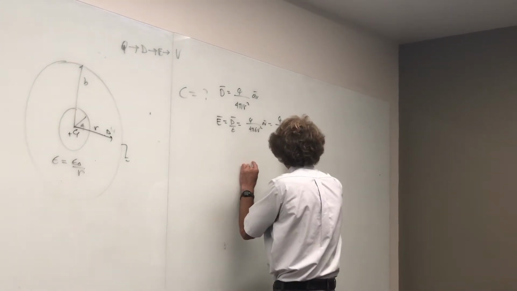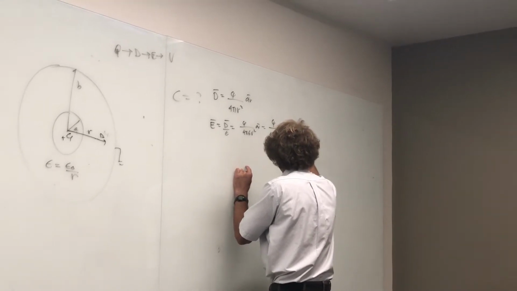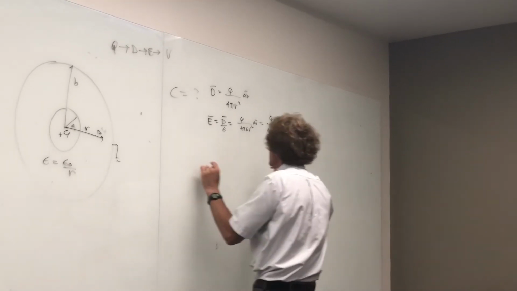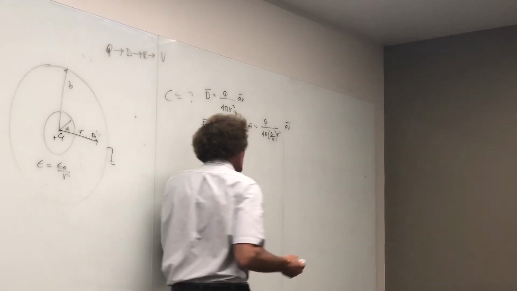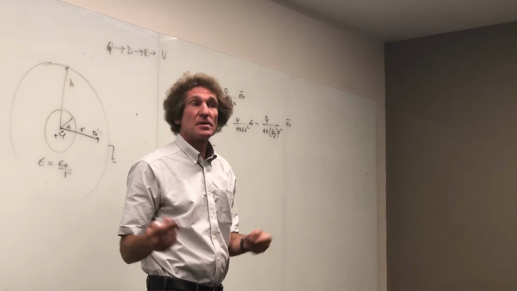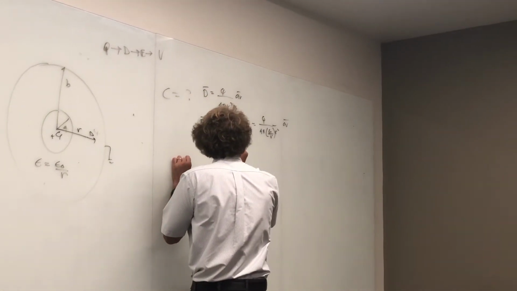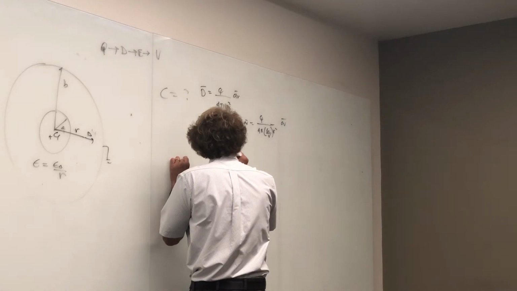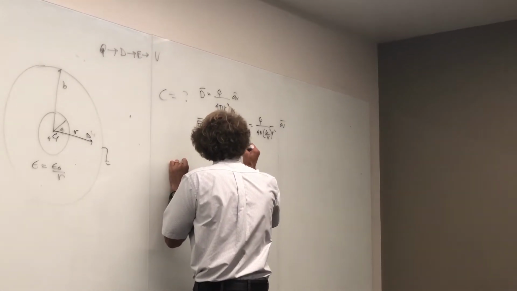Epsilon naught over r squared a_r, right? What do you see happening there? What's the E field? R squared divided by R is R. So now I have the E field being given as Q over 4 pi epsilon naught R a_r, right?